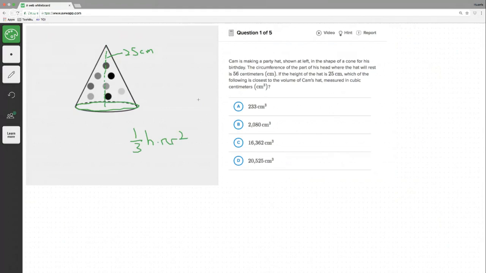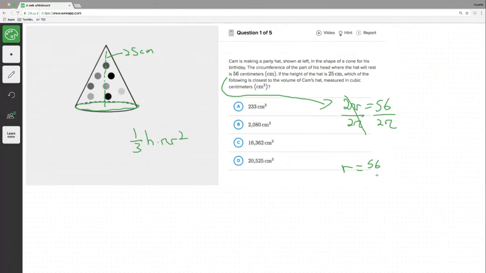Okay, so if the circumference 2 pi r equals 56, we can figure out the radius by dividing both sides by 2 pi. This is the formula for circumference, and that's what they give us. So 56 over 2 pi equals the radius. I'm going to do a little bit of estimation.